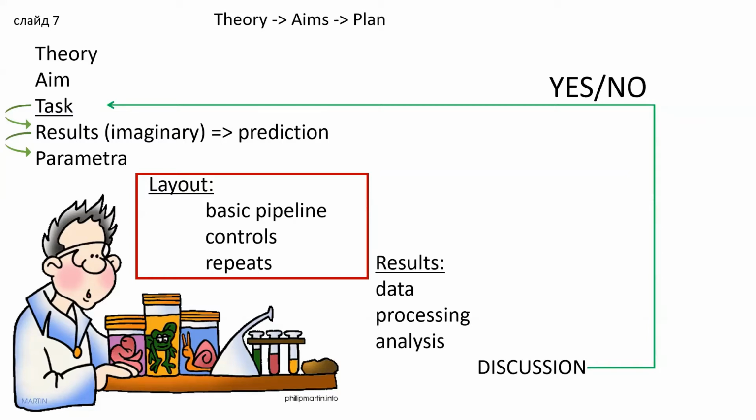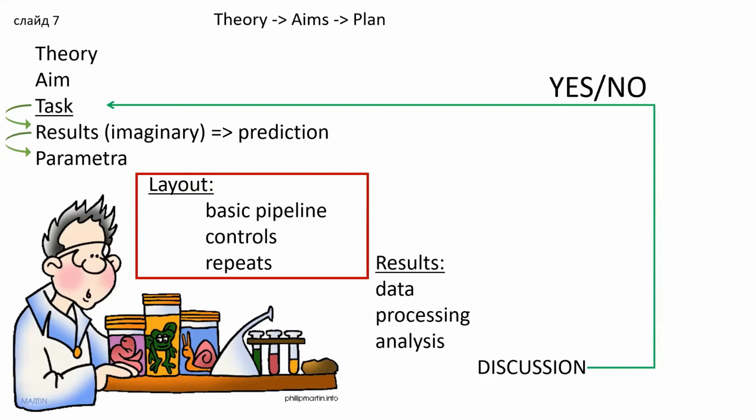Because usually you start with layout, and this is the problem of starting your first independent work, because you have hints from everywhere and you are not really able to stop and think whether your layout is really good and whether you really understand why your layout goes like that. So for this layout composition, you need to think about basic pipeline and then controls and then repeats.